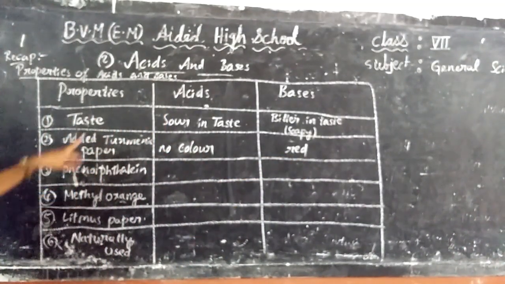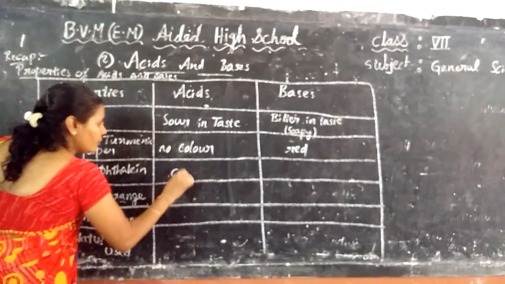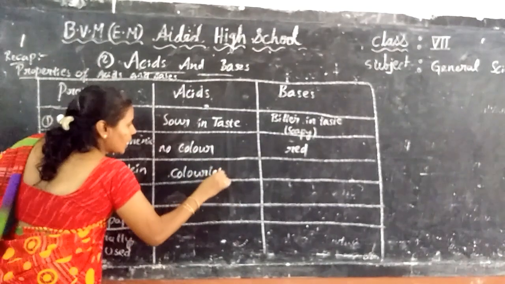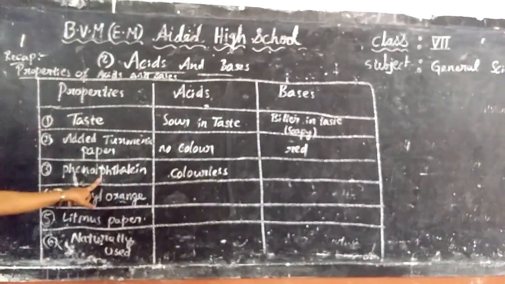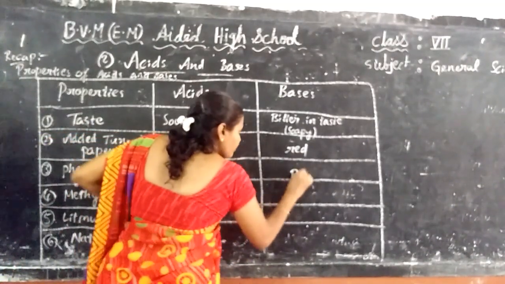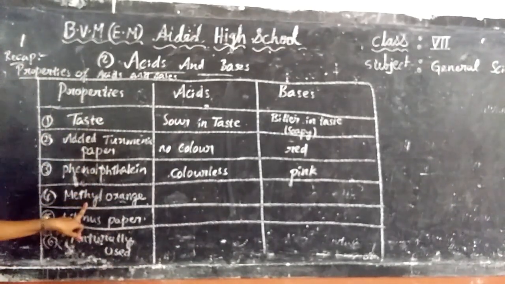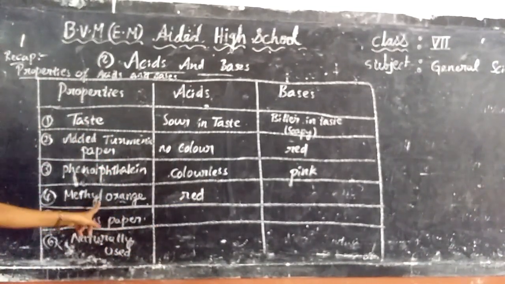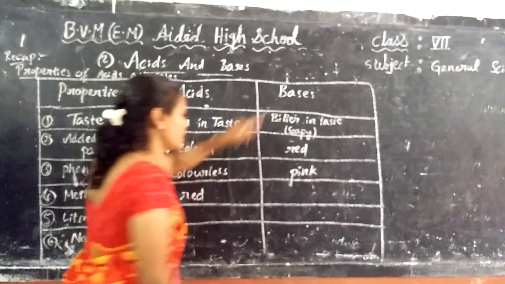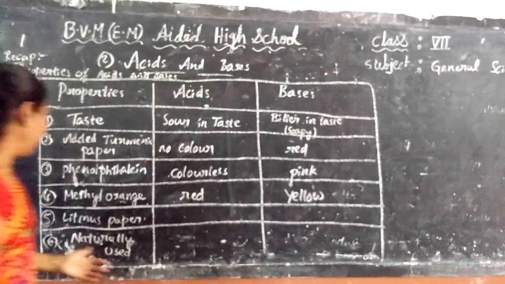And next, phenolphthalein becomes pink in color with bases. When methyl orange is added to acid, it changes to red in color. And when methyl orange is added to bases, it changes to yellow in color.